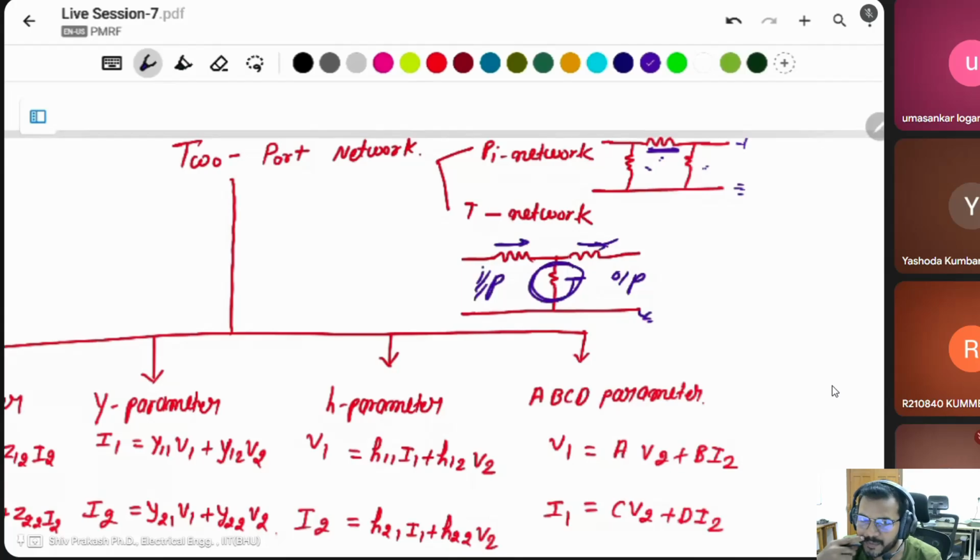The same thing you can model with two capacitors, at the input side and output side, with the transmission line in the middle of them. That's why the network is modeled in two types, pi network and T network.